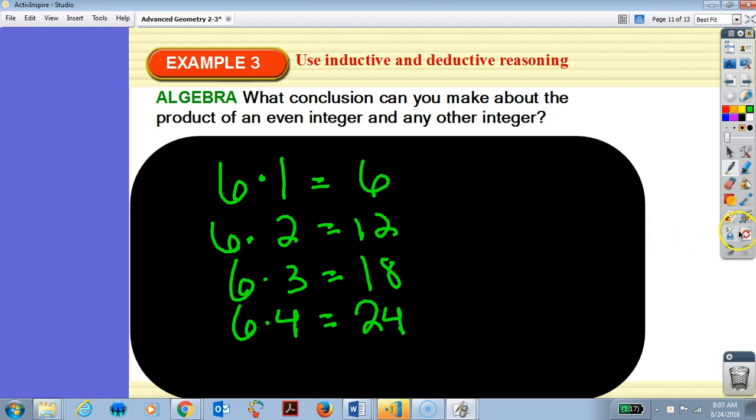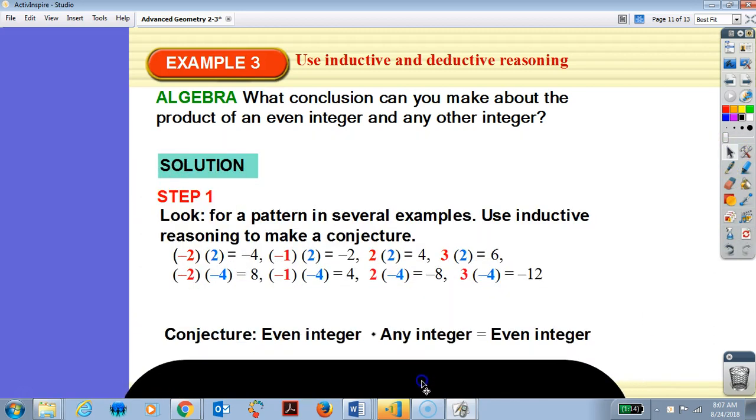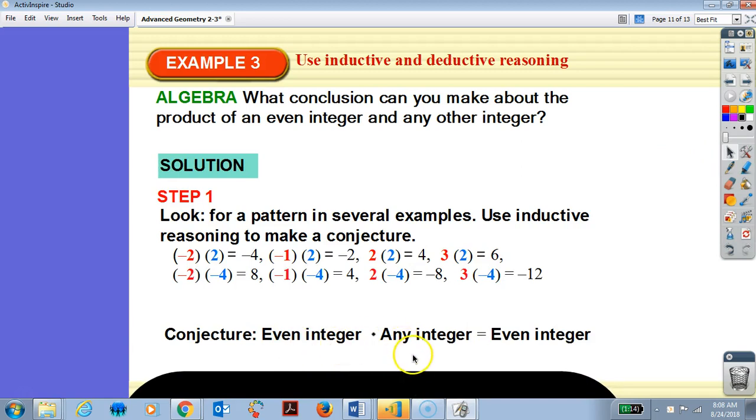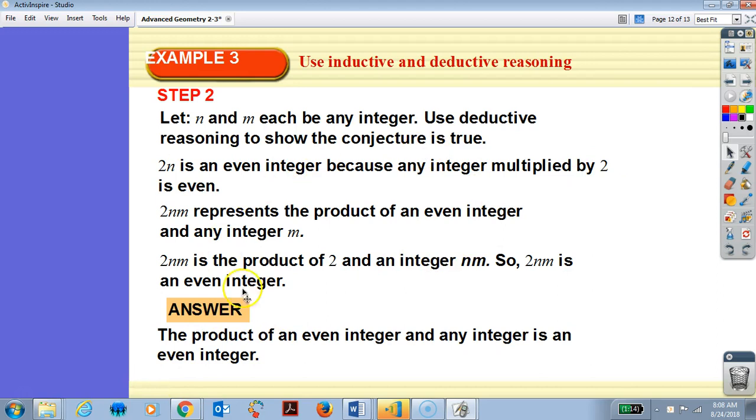You make a conjecture? The product of an even integer and any other integer is going to be what? Even. It's going to be even and a multiple of that number, right? An even number times any integer equals an even integer. And then they went and did the same thing with letters, with variables.